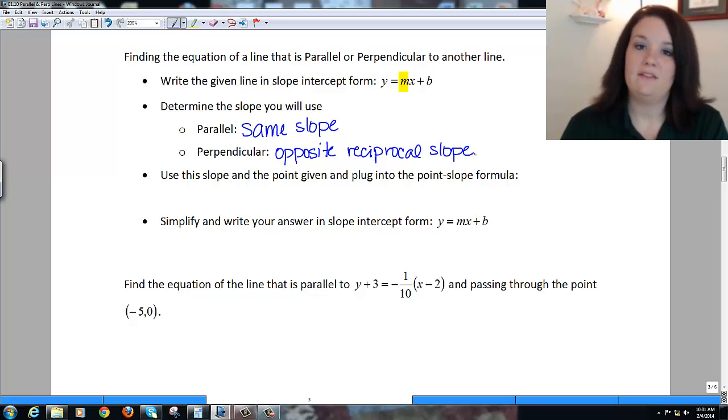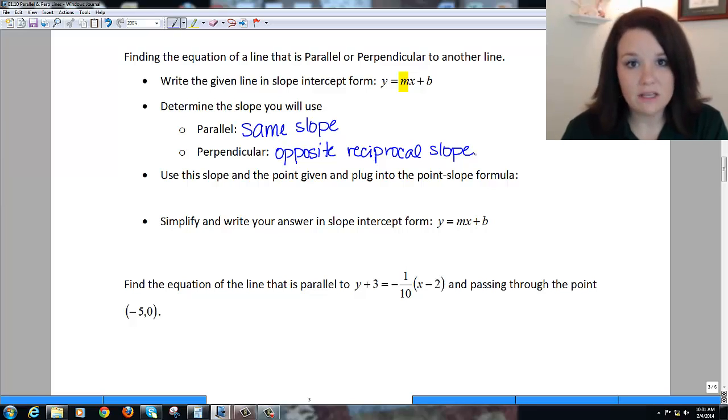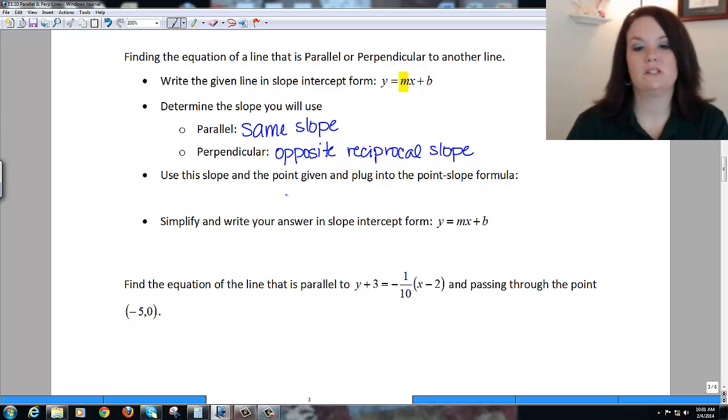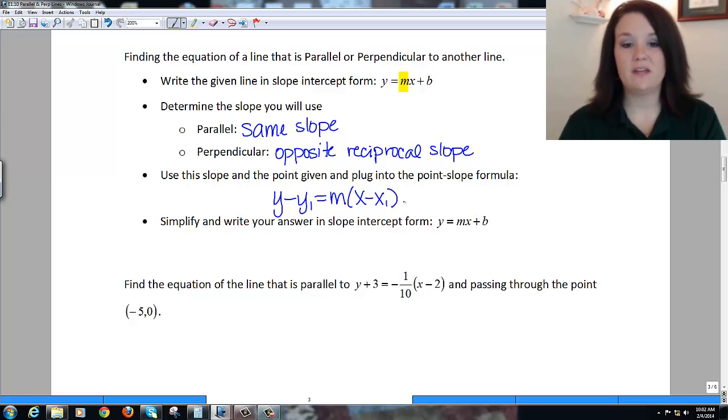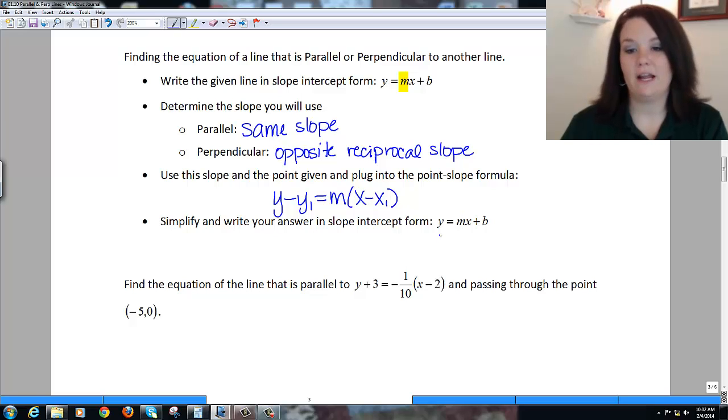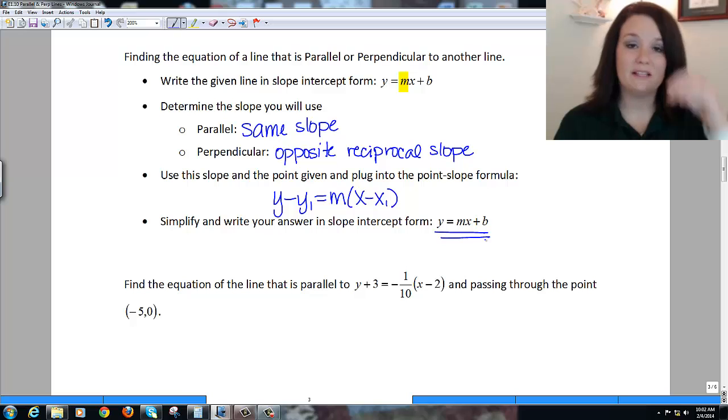Then once we know our slope, we use that slope and a point that they'll give us, and we'll plug it into the point slope formula, which remember is y minus y1 is equal to m times x minus x1. Then we simplify and write our answer back in slope-intercept form, which means once we plug it in, we simplify and solve for y.